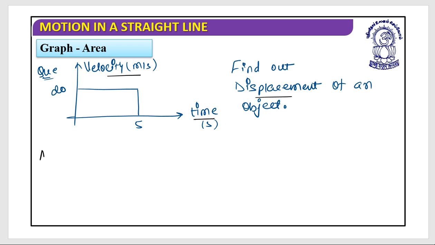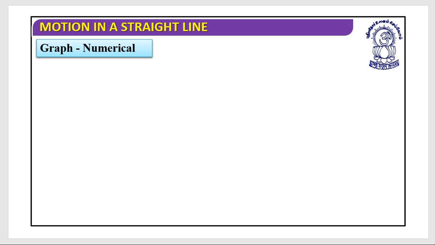So the area of this would be 20 into 5, which comes to 100 meters. This would be my answer, and this is absolutely correct. Are you sure you will be able to solve this kind of question? Okay, let's move on.